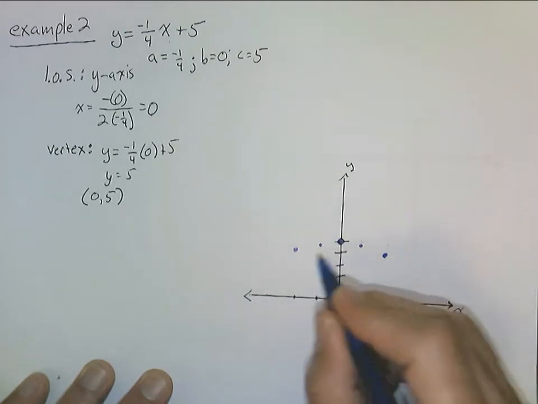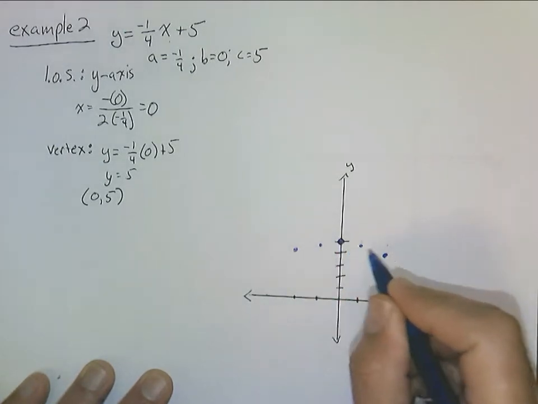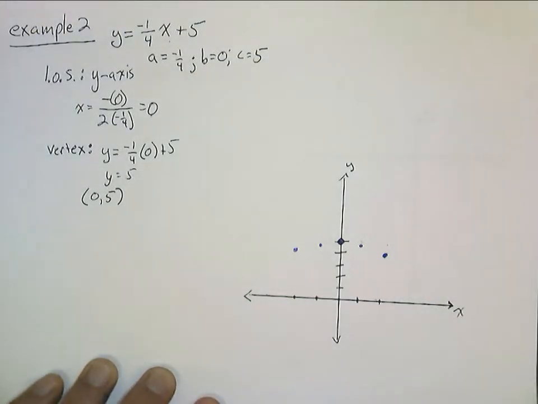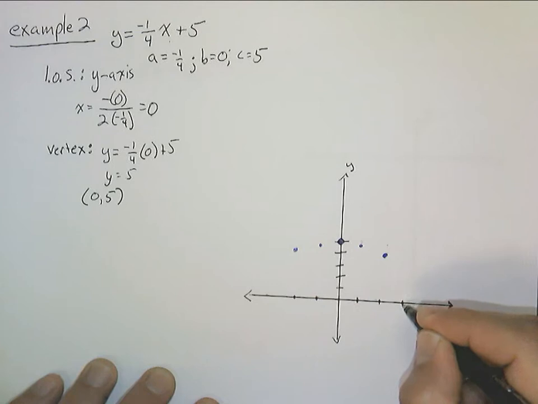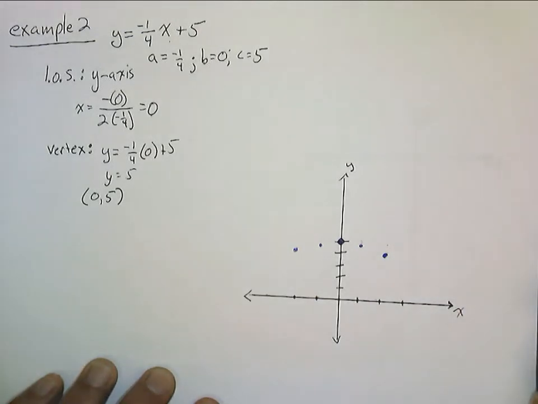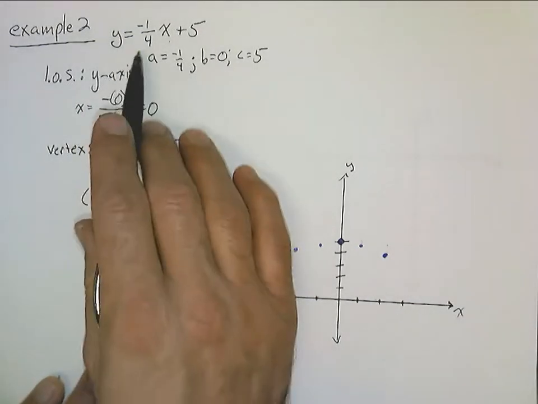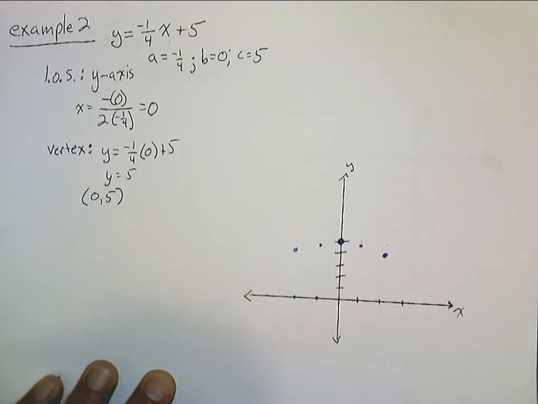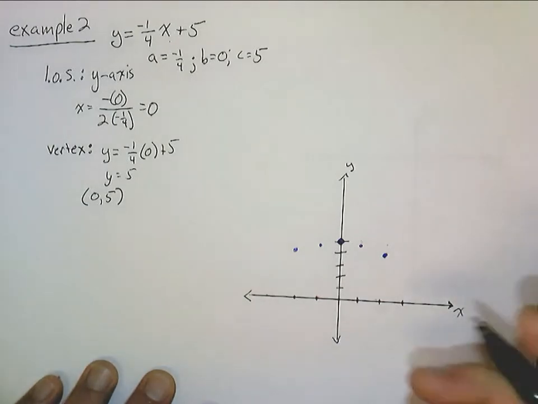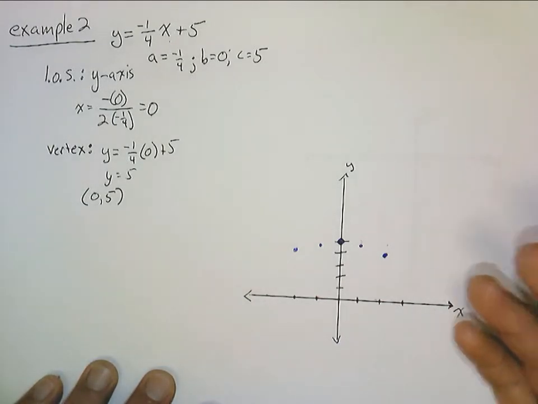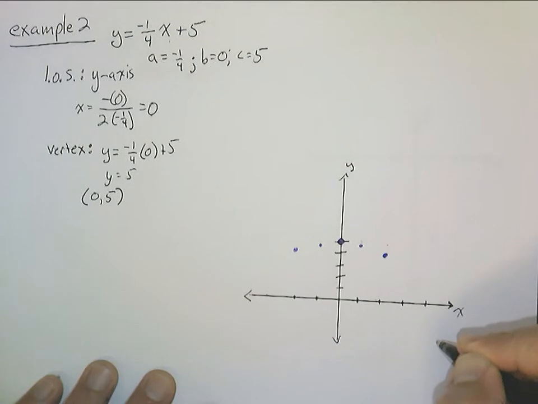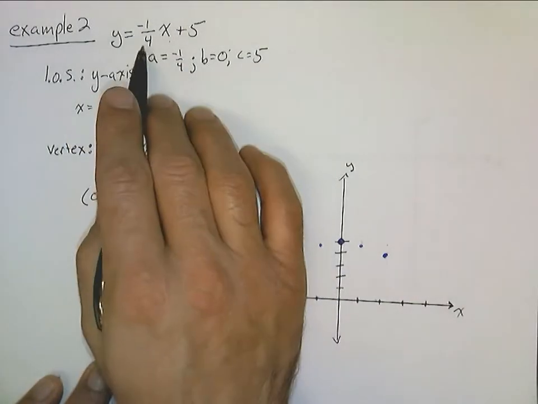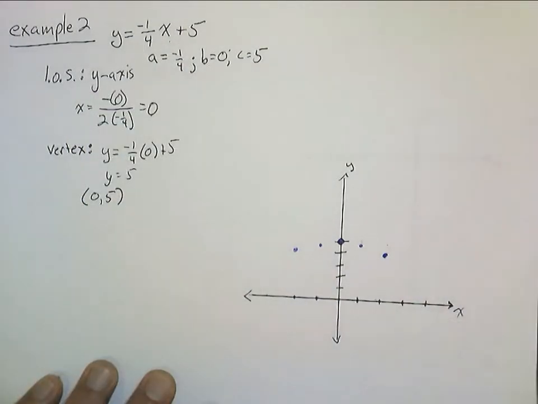And already we're starting to see a little bit of curvature here. Let's go a little bit farther. If we go over 3, we would normally go down 9 because 3 squared is 9. But we'd want to go down 1/4 as much. So 9/4, well, that's a fraction. We don't want to mess with that too much. But if you think about it, over 4 down 16, oh, that's nice, because now 1/4 of 16 is just 4.